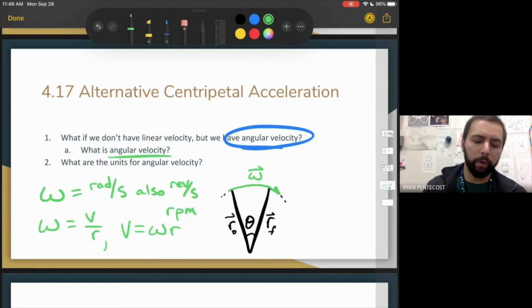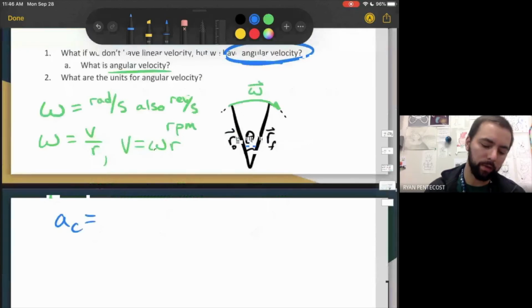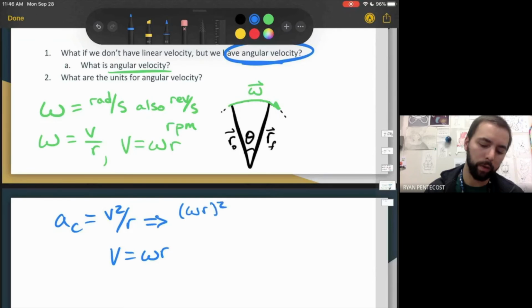Now, if we want to find the other centripetal acceleration equation, right? We have AC equals v squared over r. But what if velocity was omega r? Let's plug that in. We have omega r quantity squared divided by radius, right?